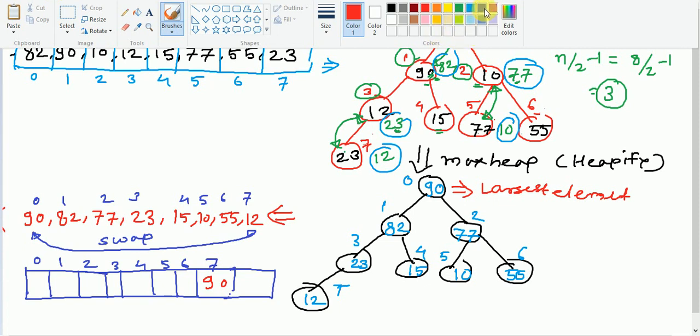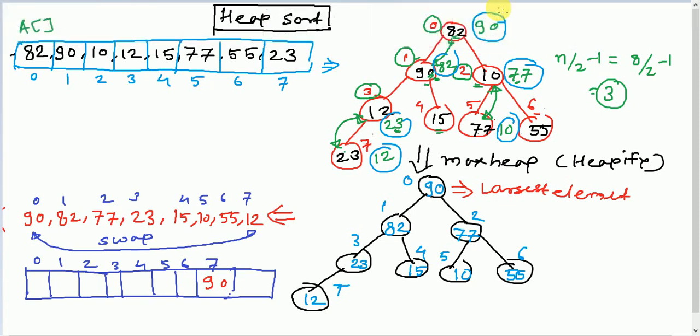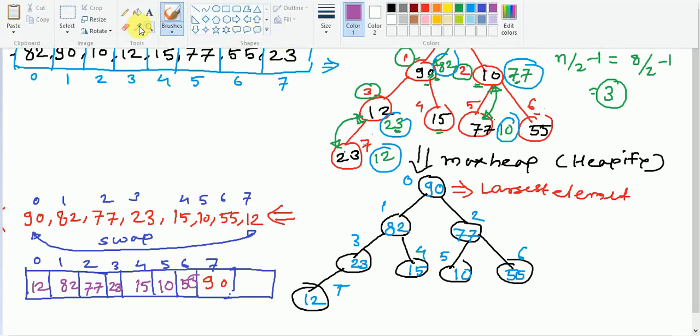For the remaining indices, at the place of 90 the 12 will come, then 82, 77, 23, 15, 10 and 55.